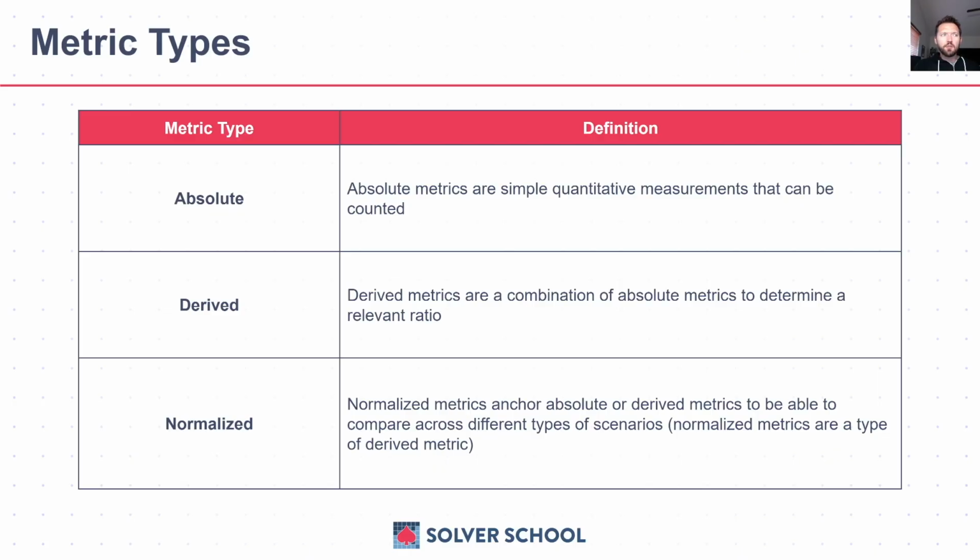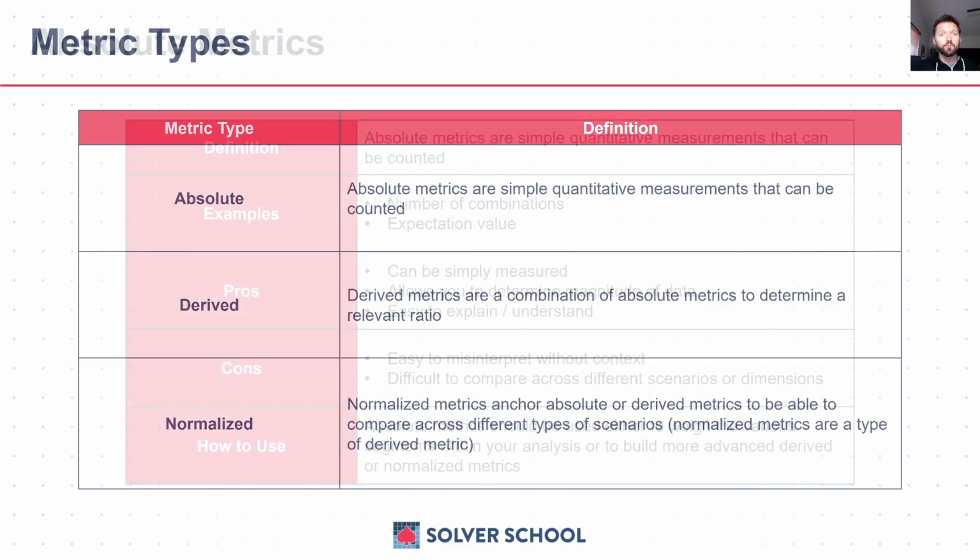And then a normalized metric is a metric that anchors absolute or derived metrics to be able to compare them across different types of scenarios. And they're actually a type of derived metric. So EV percentage, which I just mentioned, is also a normalized metric. The normalized metric tends to be always between 0 and 1 because, again, in that case, we're able to compare them across different scenarios.